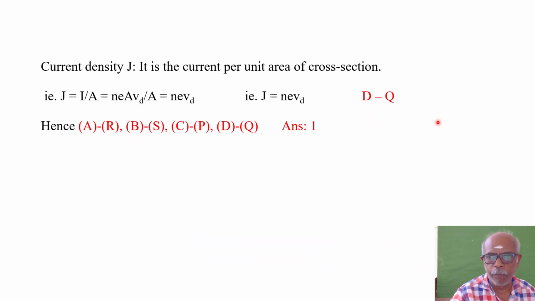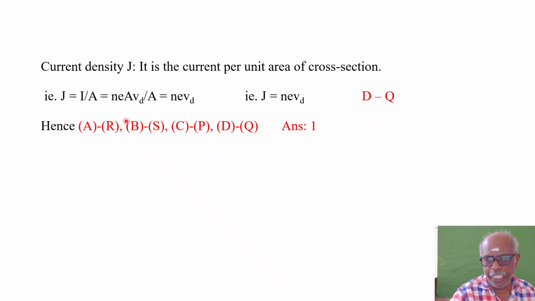And what about the next one? Current density J. What is current density? As per the definition, it is the current per unit area of cross section. That means I divided by A. What is I? It is Ne A Vd.